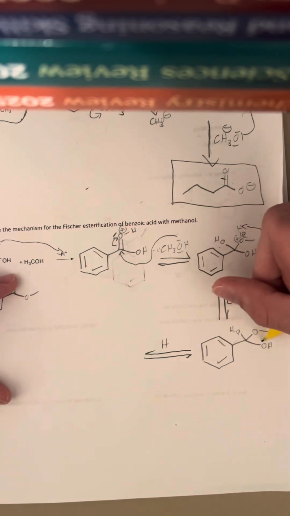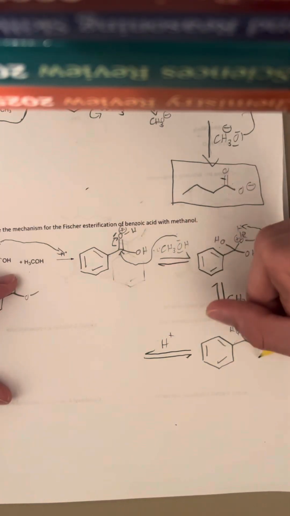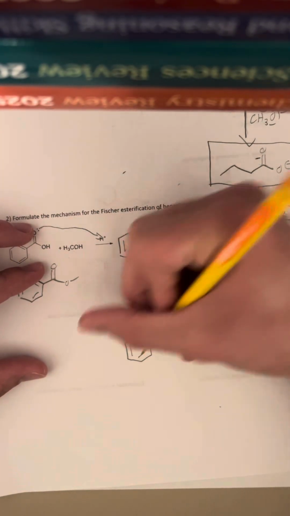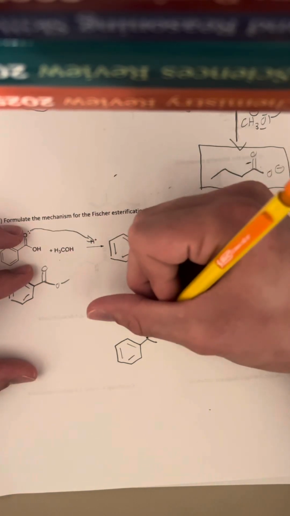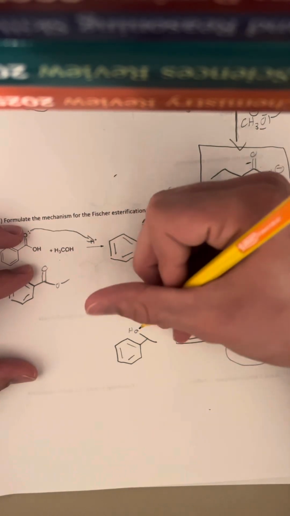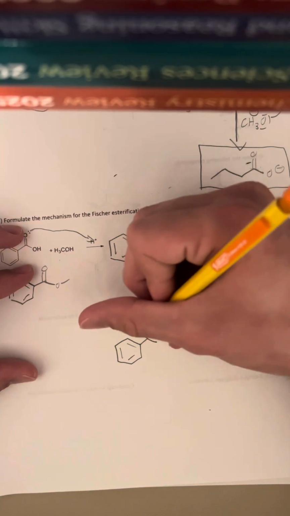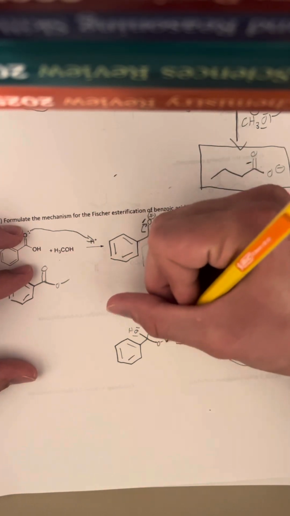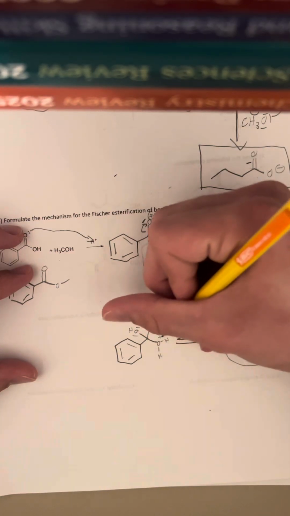So we can pick any of them. Let's pick this OH. Let's protonate it. That'll give you this. Positive charge now on that oxygen.